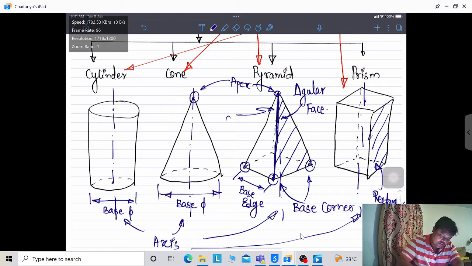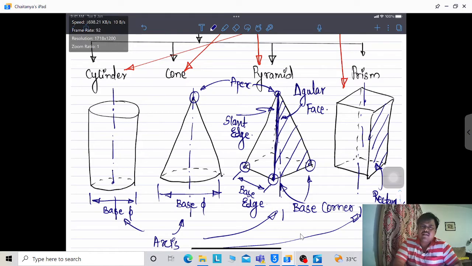In problems, they will ask the question in written form about the axis height, the base diameter, the base corner, the base edge, or whether a triangular face is resting on HP or VP. You must know the technical terms.